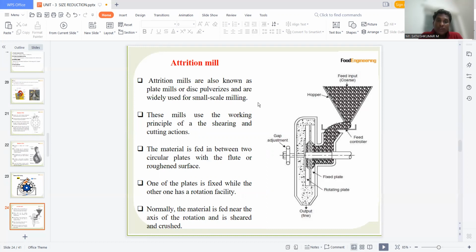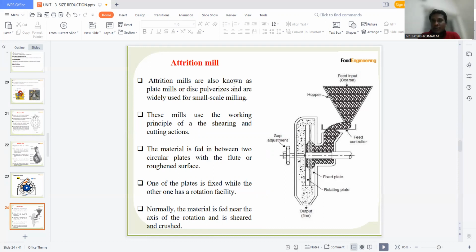One of the plates is fixed while the other has rotation facilities. Normally, the material is fed near the axis of rotation and then sheared and crushed.